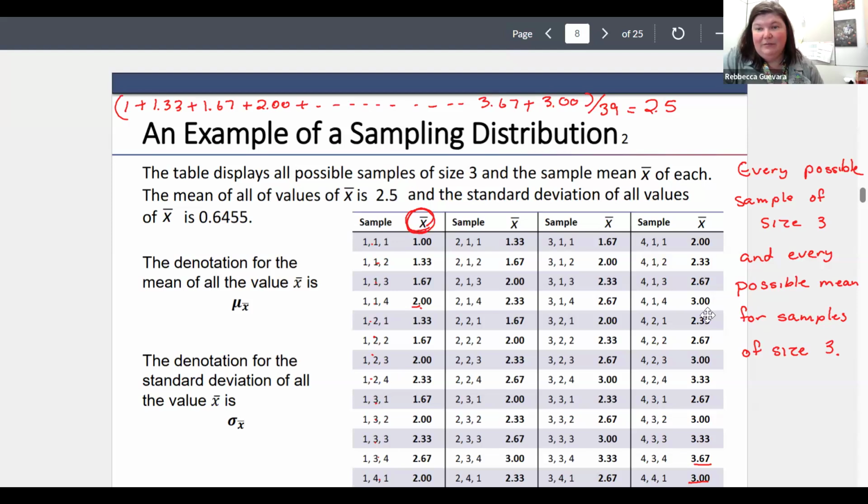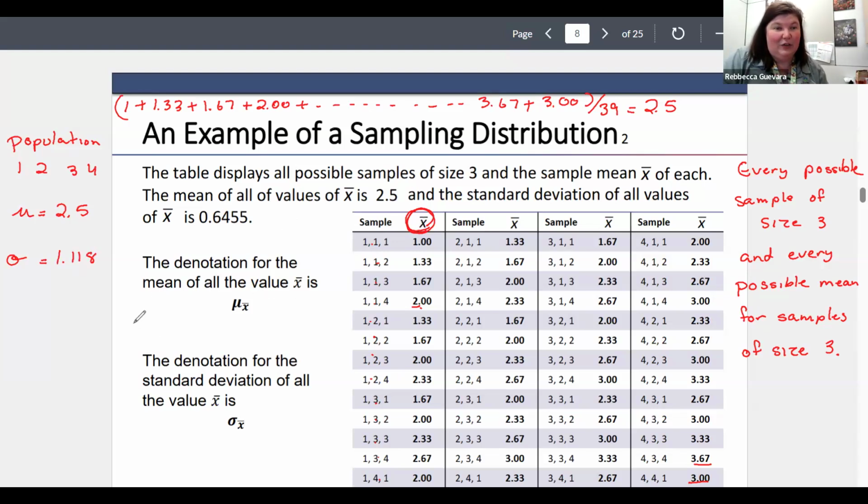So just as a reminder, when I'm looking at just x's, my population was I can roll a 1, a 2, a 3, or a 4. That had a mean of 2.5 and a standard deviation of 1.118.